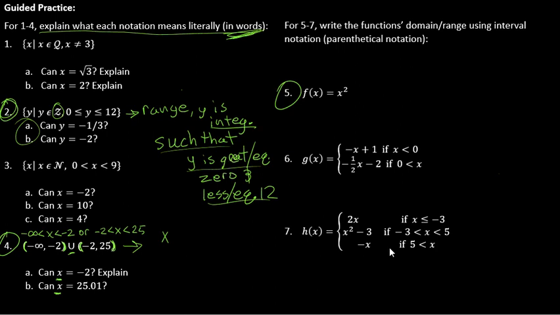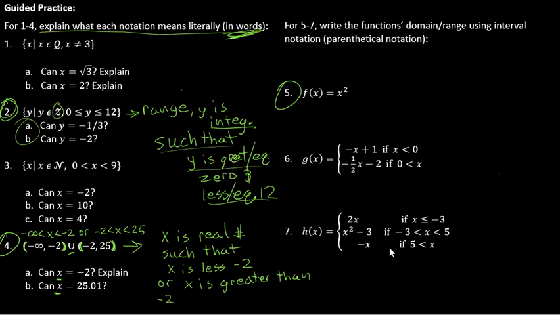On number 4, I'm not given that, so we're going to assume that x is real. x is a real number such that x is less than negative 2, or x is greater than negative 2 and less than 25. Okay? So that's how I would write that out literally.